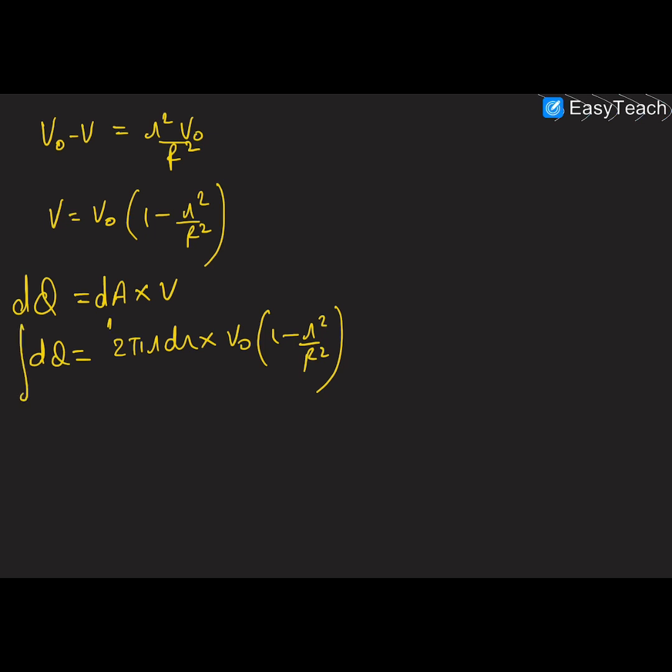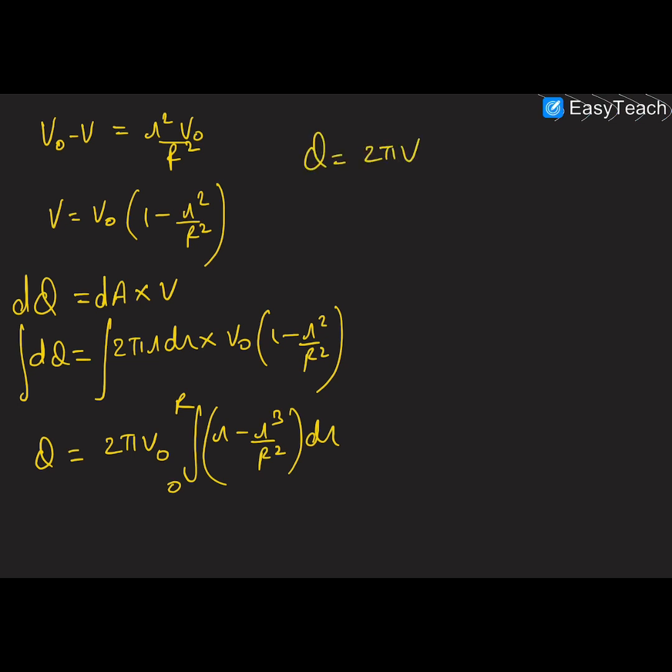Integrating both sides, Q, the total volume rate flow, will be 2 pi v0 integration of r minus r cube by R square into dr, and the limit will be from 0 to R. So Q will be 2 pi v0 into R square by 2 minus R square by 4. So Q will be equal to pi v0 into R square by 2.